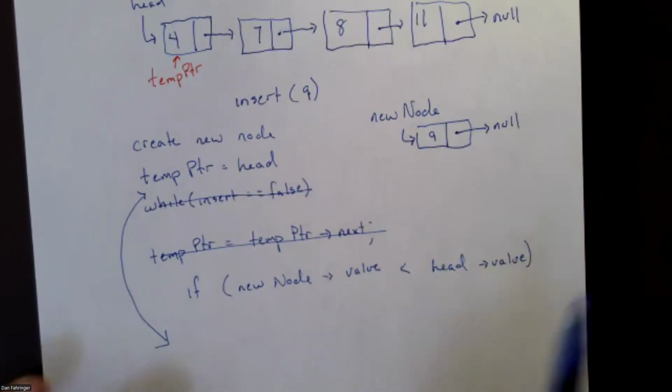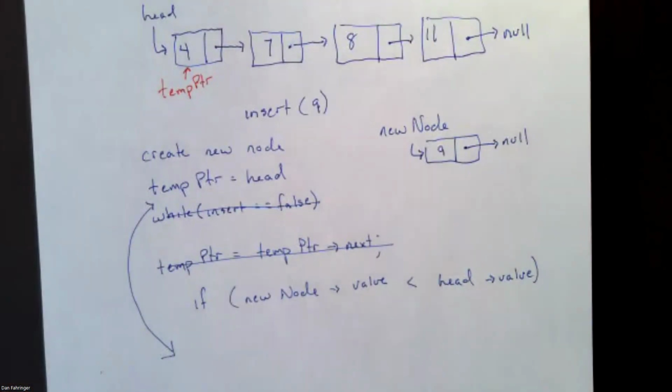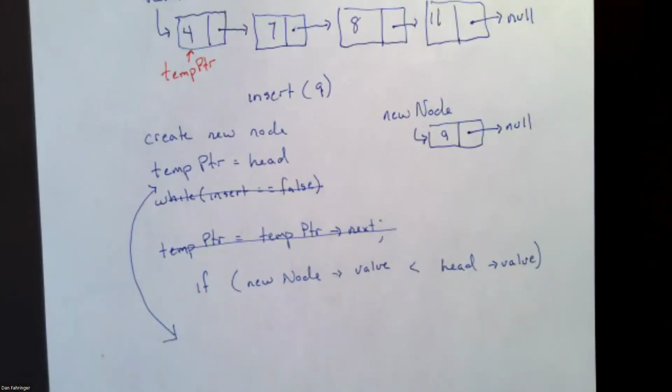If that's true, that means I would be inserting right there. So how would I insert right in the front? Give me some lines of code. I'm going to find out if you know what we're doing or not.